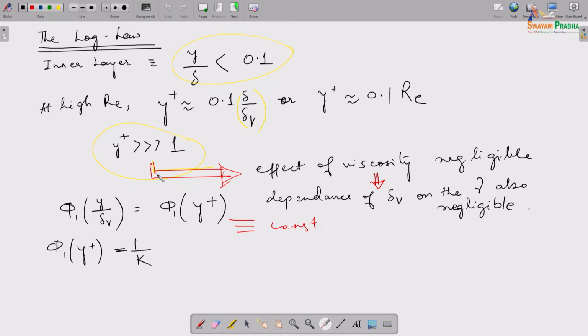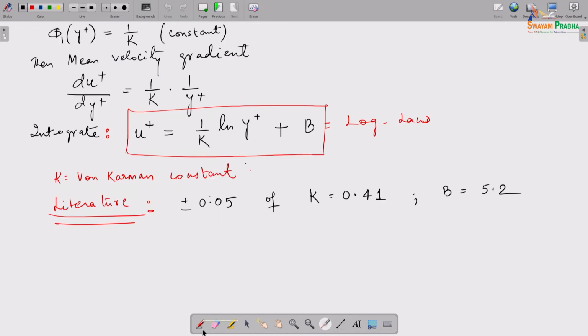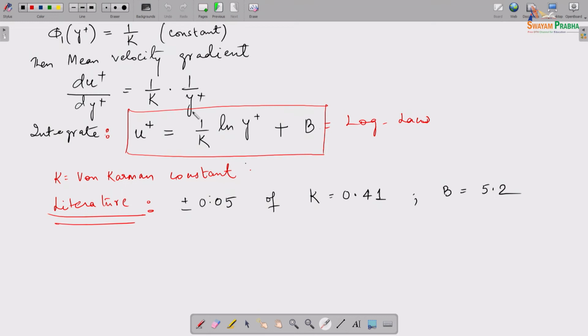And in this length scale, we find another relationship between u plus and y plus, which is essentially the log law, and we also have the values of B. So given any turbulent flow field at high Reynolds number from a boundary layer, if there is this region, with the bounds given here, then this log law is applicable, and du plus dy plus is essentially the inverse of y plus.